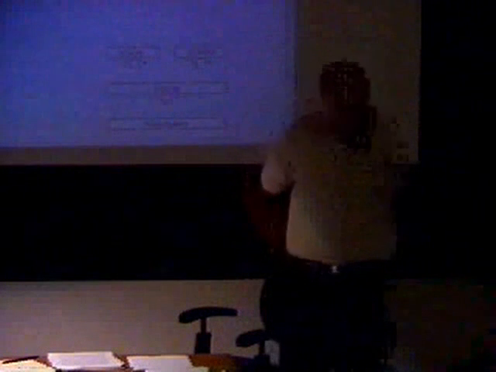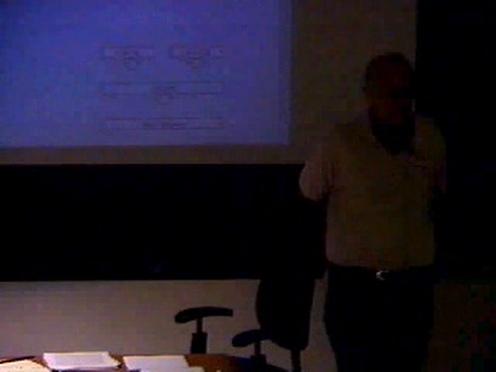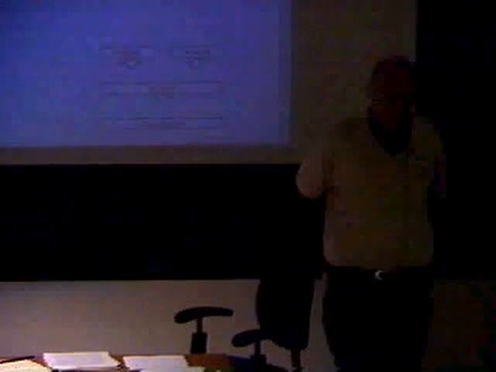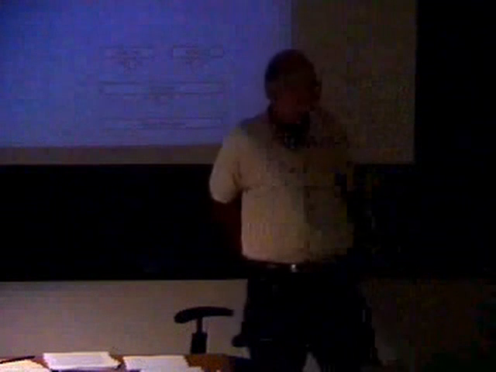MMIX has one thing I wish all computers had, and that is the divide and remainder are obtained at the same time. On other computers, you do a division. Almost all algorithms I know where you want to know the quotient, you also want to know the remainder in the next line of your program.